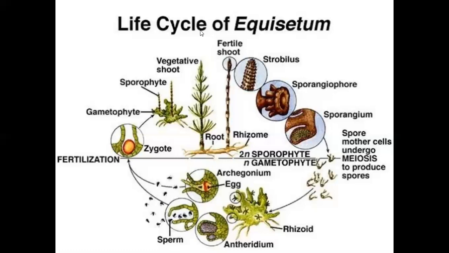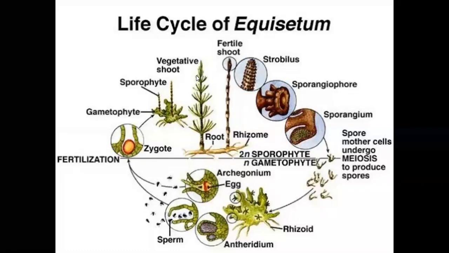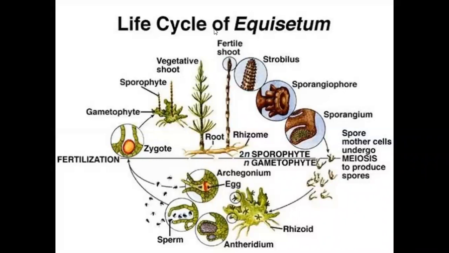It participates in photosynthesis and cannot participate in reproduction. So these shoots are called vegetative shoots, and also sterile shoots.